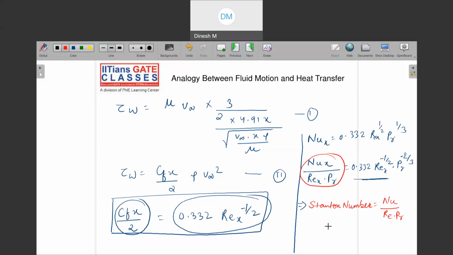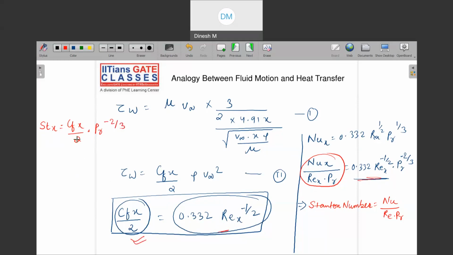So I am writing down here now. Can I write down that Stanton number at the given x is equal to cfx upon 2? Yes. Why? Because I have got this relation from here. So this is 0.332 times Reynolds number to the power minus 1 by 2. This is equal to cfx upon 2 multiplied by Prandtl number to the power minus 2 by 3.